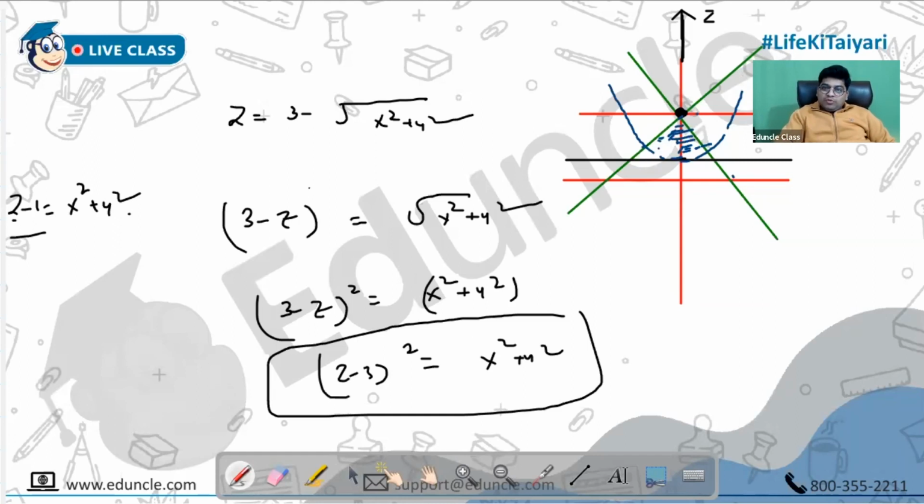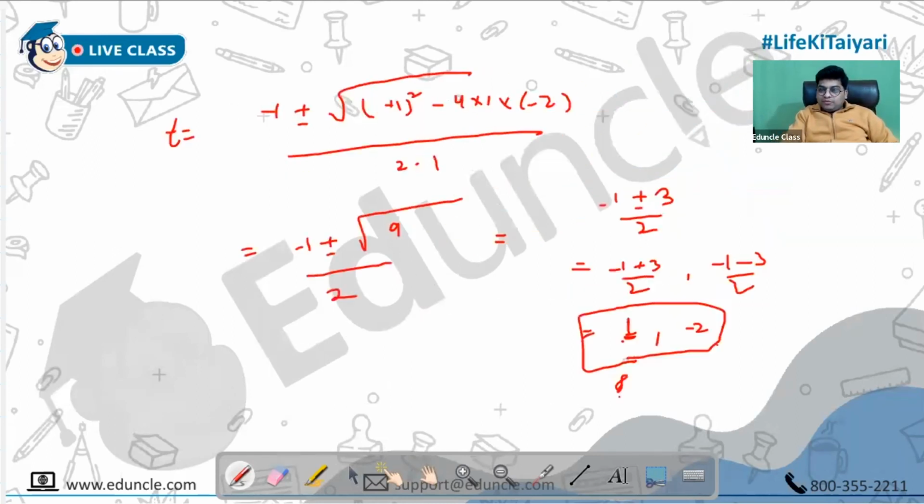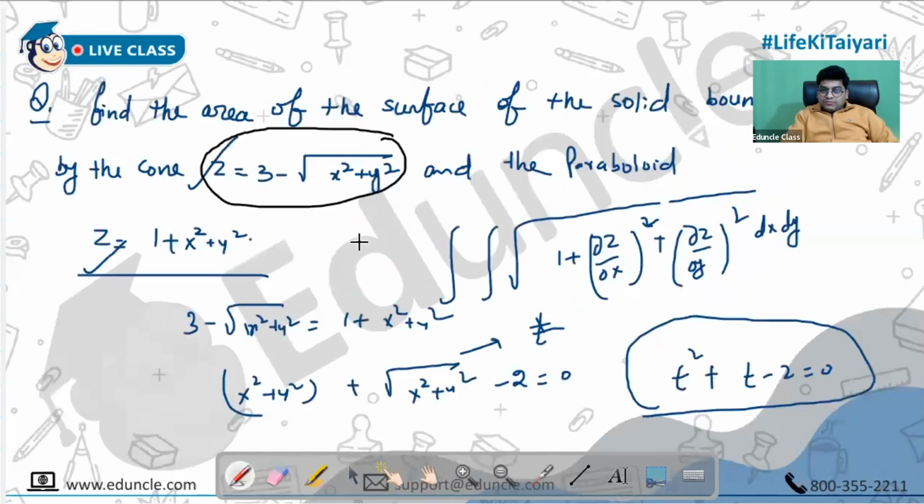So our main problem is, okay, we have to find out what this z is. So z is equal to, from this one you have to take z. And what is the region in xy when z is equal to 0?